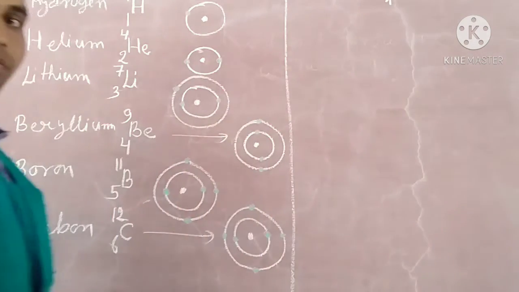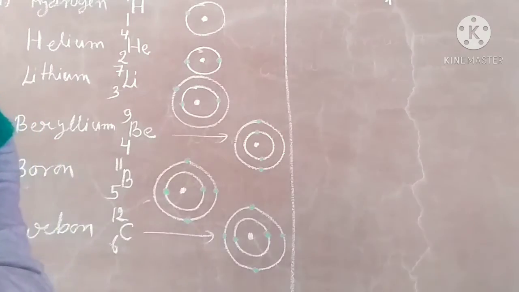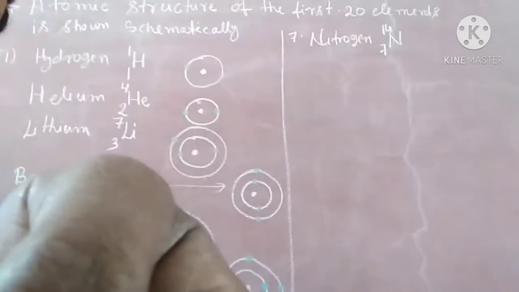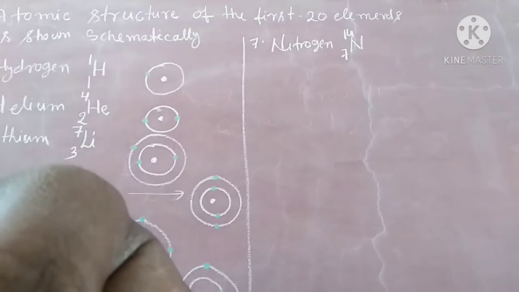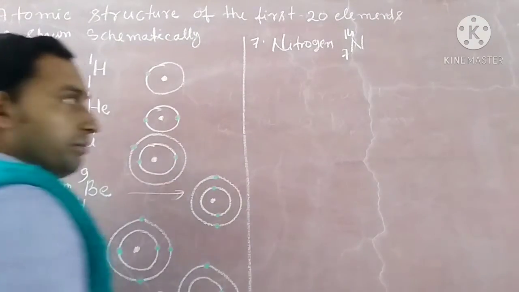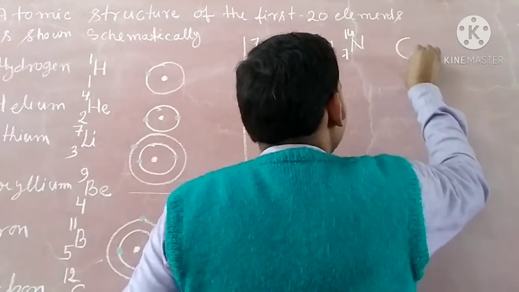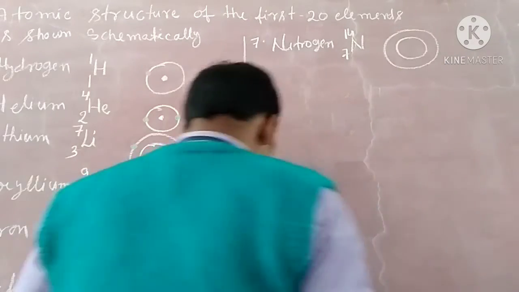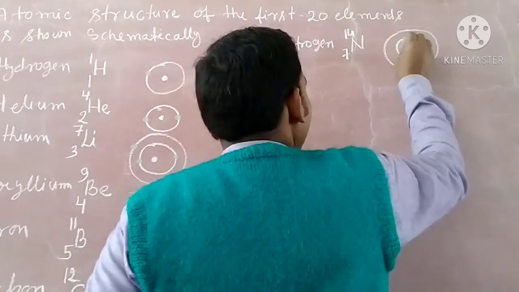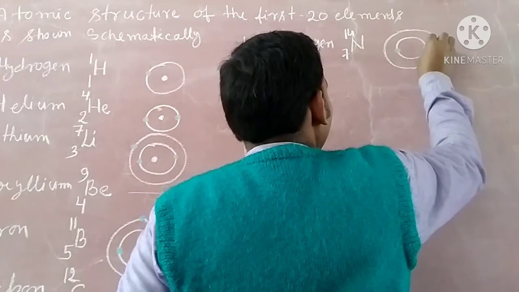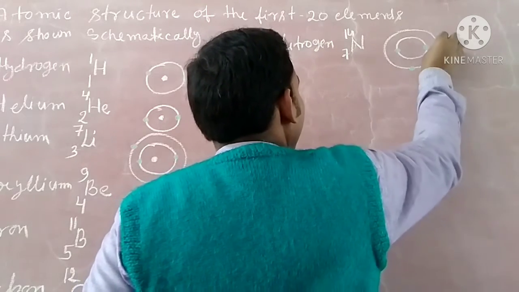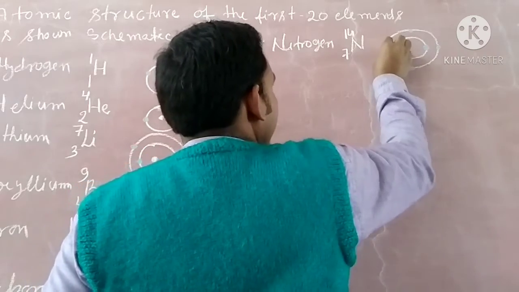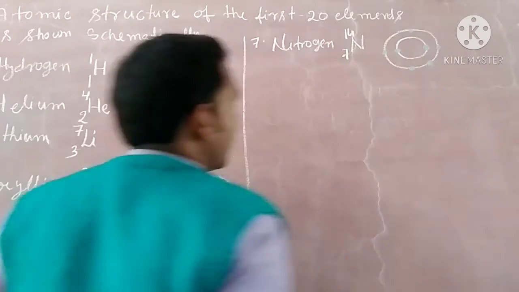Their schematic diagram is first cell 2 electrons, second cell 5 electrons. 1, 2, 3, 4, 5, and 6, 7.